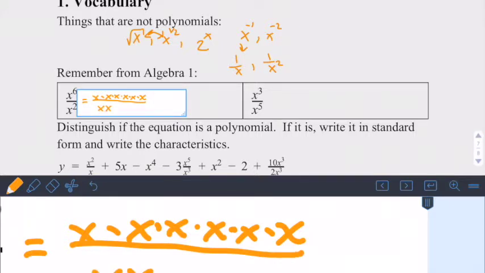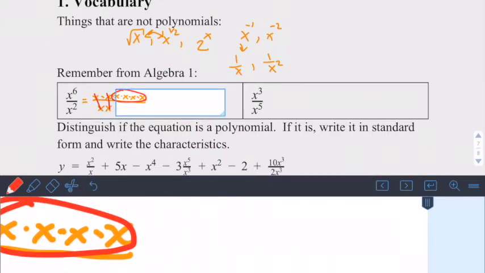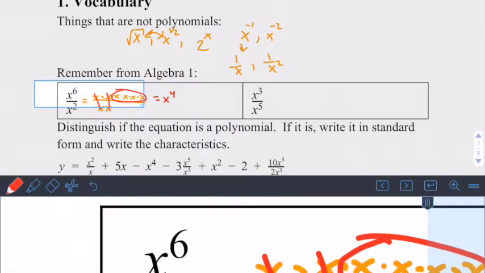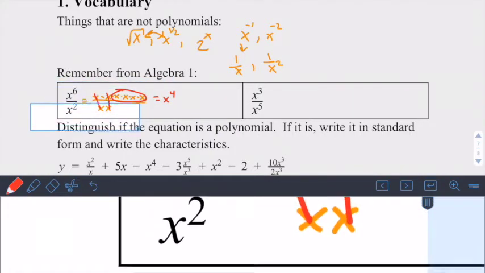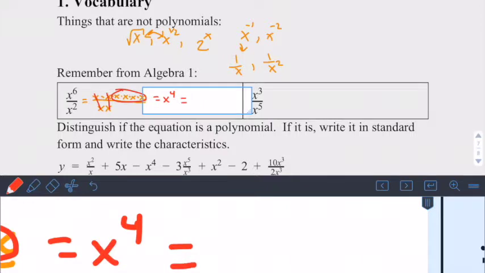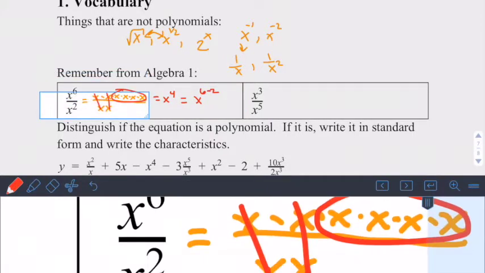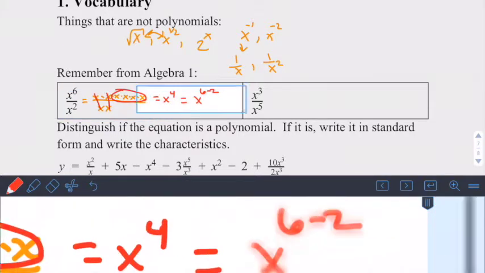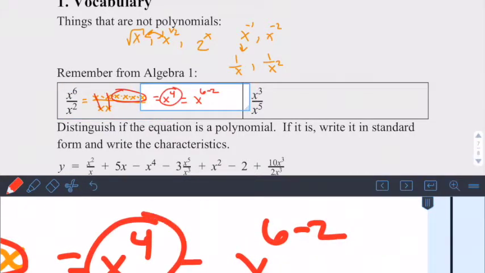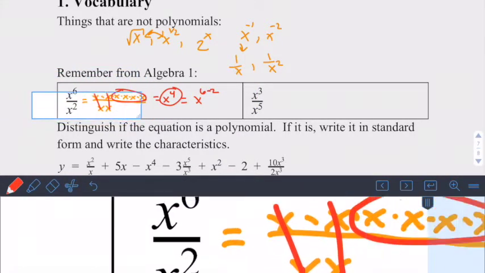And then we could cancel, cancel, cancel, and then we have x to the fourth left over. If you remember the rule, when you divide two things with the same base, x to the 6 and x squared, we get x to the 6 minus 2, right? When we divide, we subtract. So this would be a polynomial, even though we see some division.